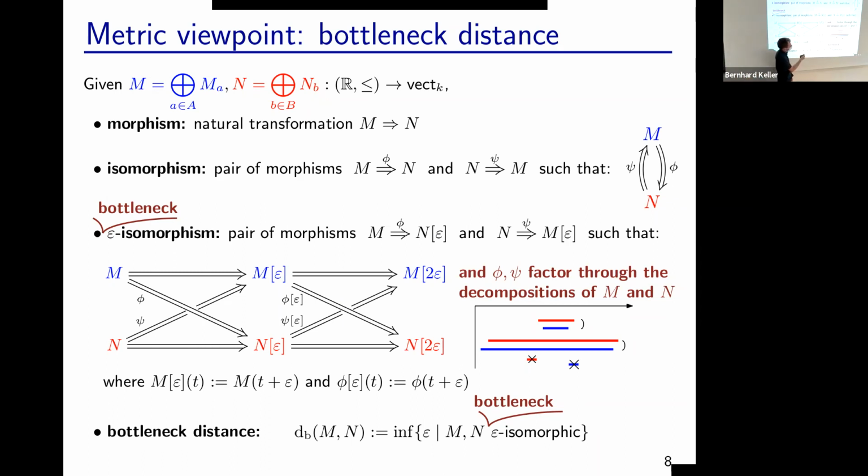So what that means in terms of summands is that you can find a partial pairing between the summands of M, which are in blue here, and the summands of N, which are in red, such that the intervals that are paired are within epsilon distance of each other, in the sense that you have to move the endpoints by no more than epsilon to match one interval onto the other. Of course, you may have some summands that are unmatched, but these summands have a length that is bounded by 2 epsilon.